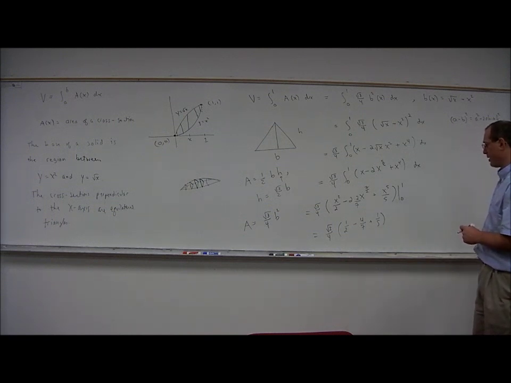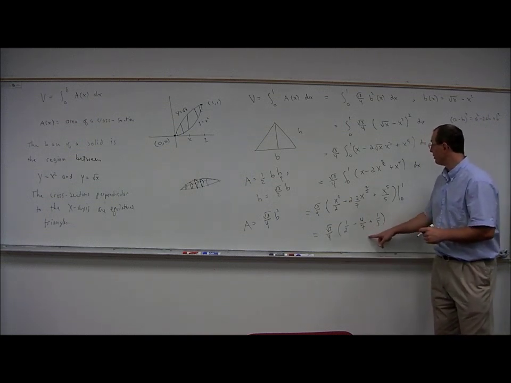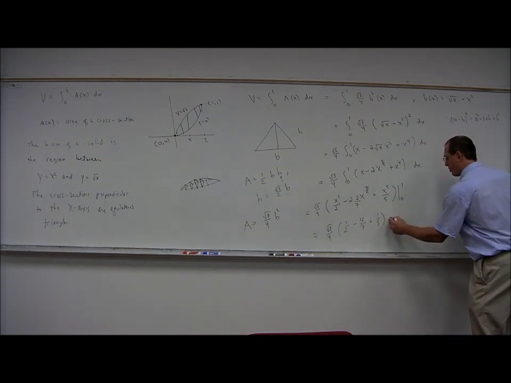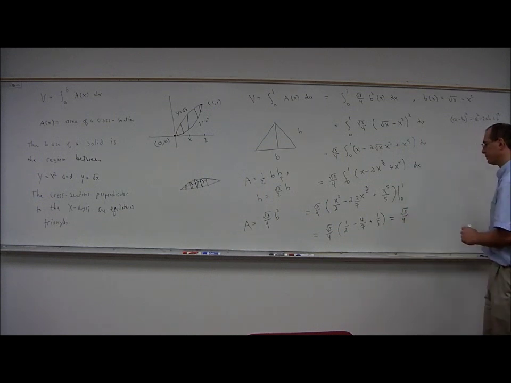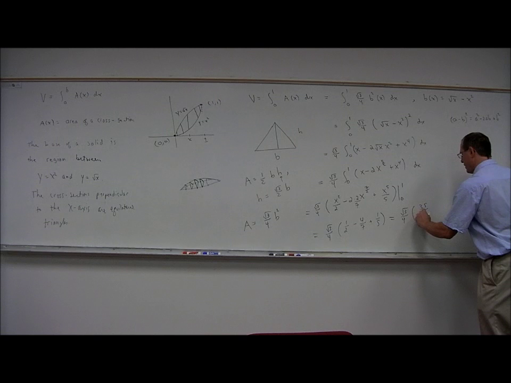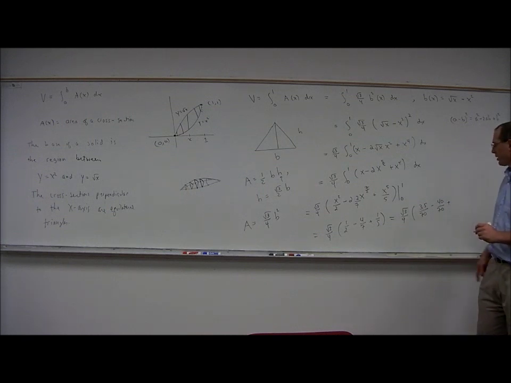It's not very pleasant. Our common denominator appears to be 70 here. So we can write these things in terms of 70ths. We have the square root of 3 over 4 times 35 70ths minus 40 70ths plus 1/5 is 14 70ths.